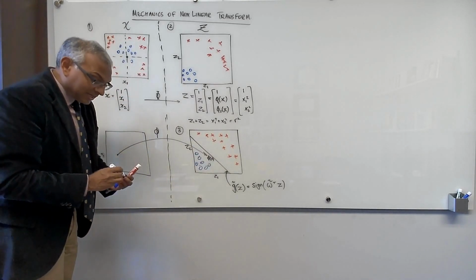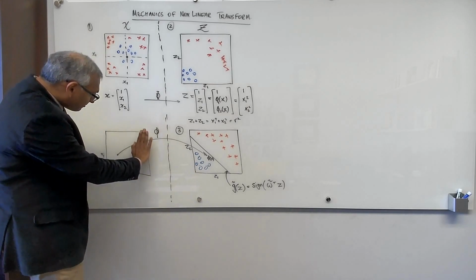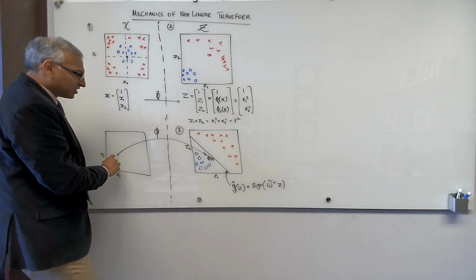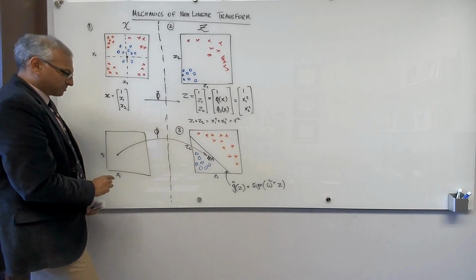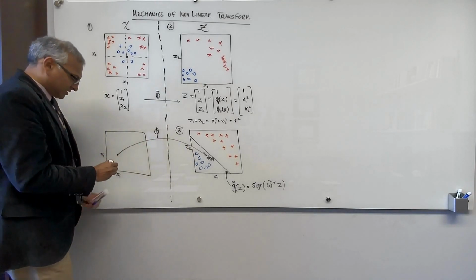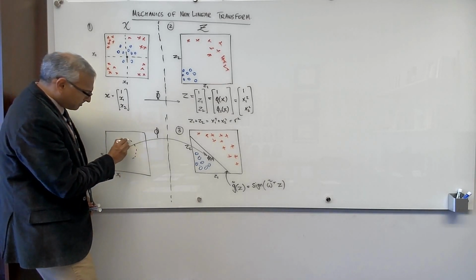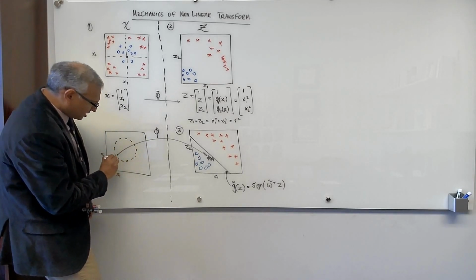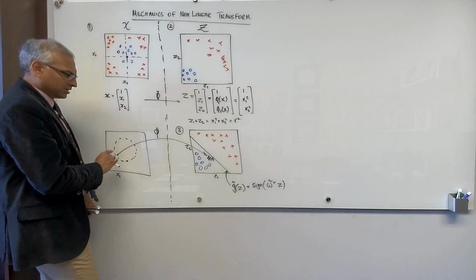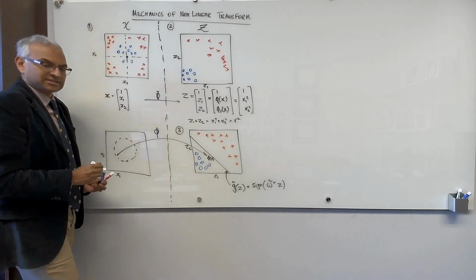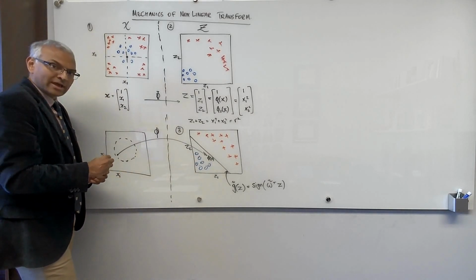Now, hypothetically, I can play that game with all the points in this space. I don't need to wait for the new point. And what you will find is that all the points within some region here will get mapped into this region and be classified as blue, as +1.